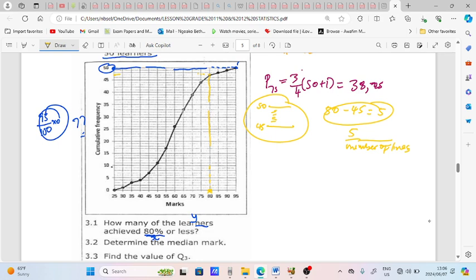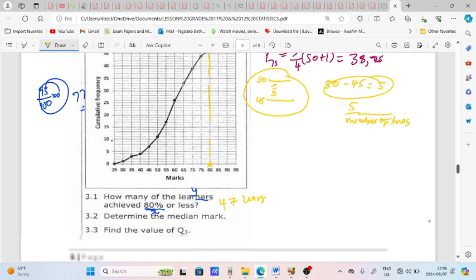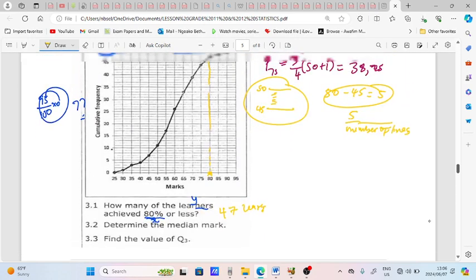Alright, now, what is the 1, again? So, what will be the answer here? 1, 2. It's at 2 again. So, if it's at 2, 40, 47 learners. Again, can I edit the question? Yes.